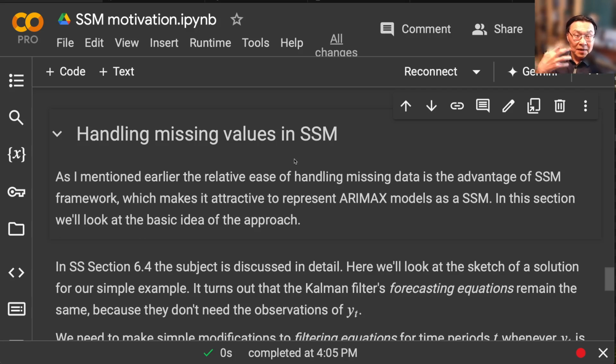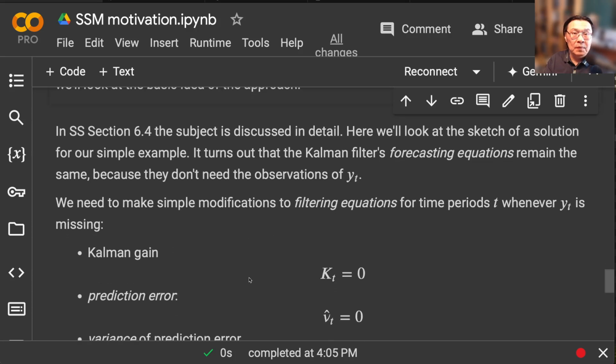Why? Because SARIMAX underneath, as I mentioned, uses the state space modeling approach, and in state space modeling, handling missing values is easy. So how is it done? I'm going to show you an example of doing it with my example in this data set.